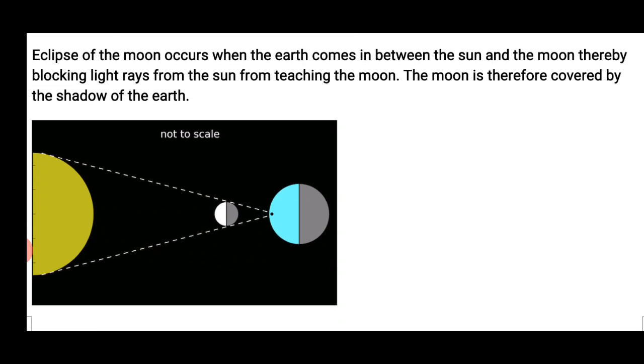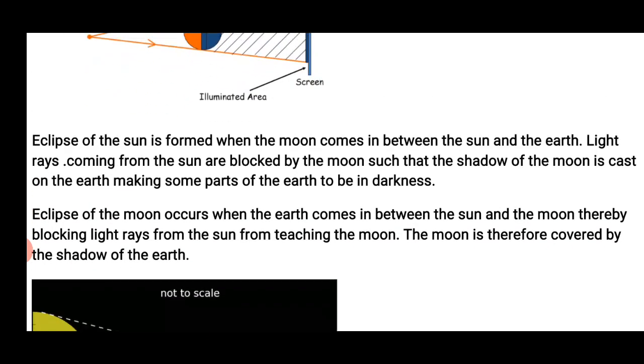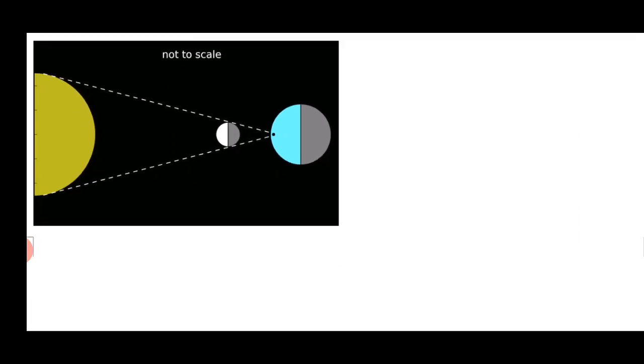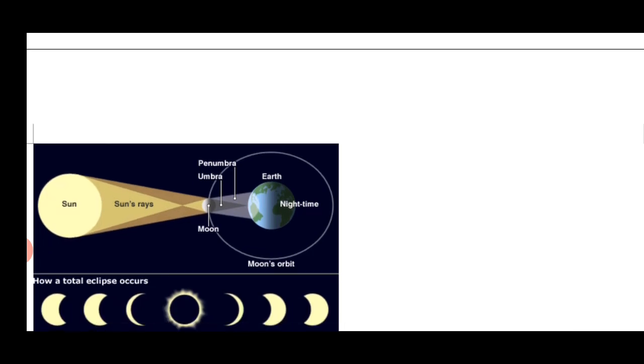So the formation of eclipse is due to the blockage, that is, due to the formation of shadows. So the shadow of the moon is formed on certain places on the earth, and that is eclipse of the sun. It may be partial, as I have said earlier, when only a portion of the moon blocks light rays from the sun from reaching the earth.